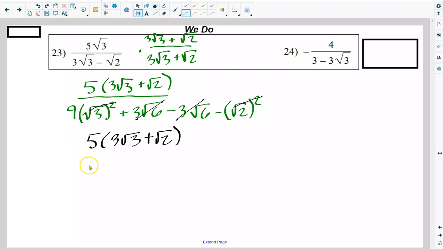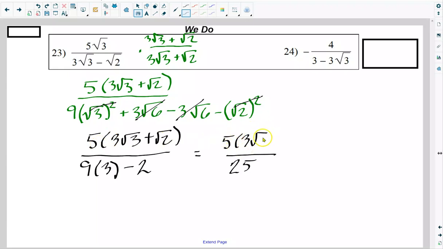And I have 9 times 3 and just a 2. So the bottom is going to give us 27 minus 2, 25. Okay, the top is right.